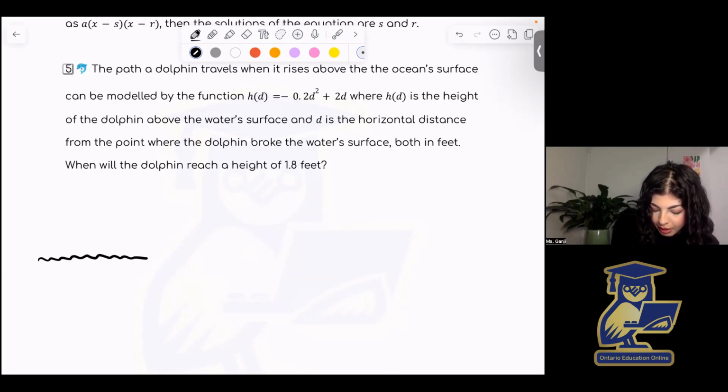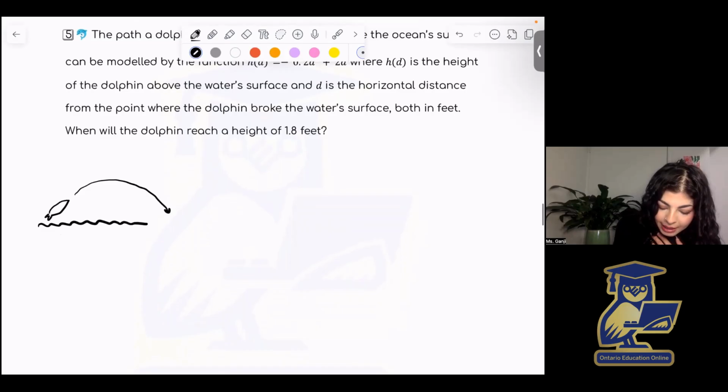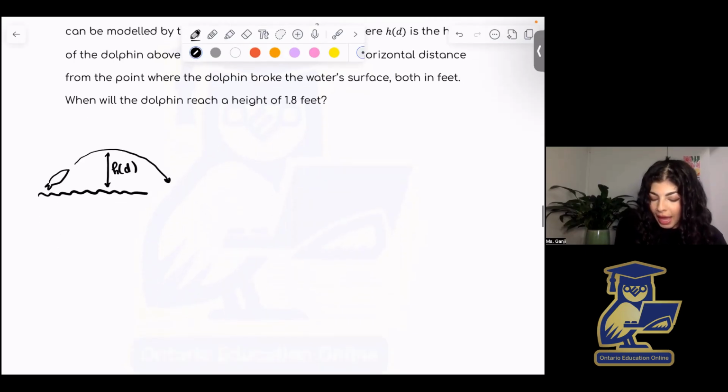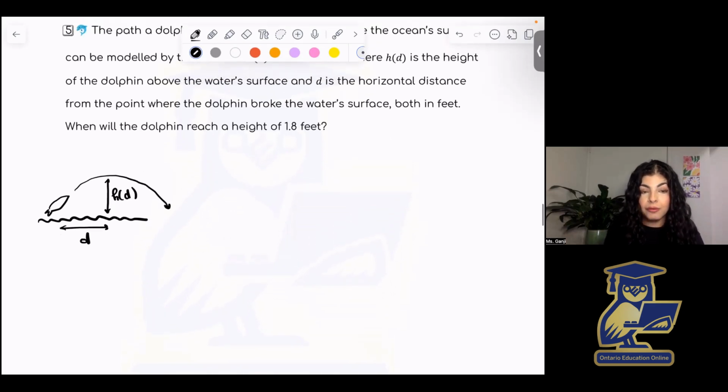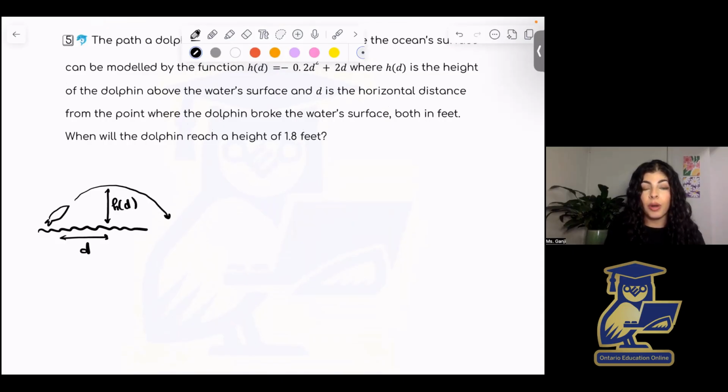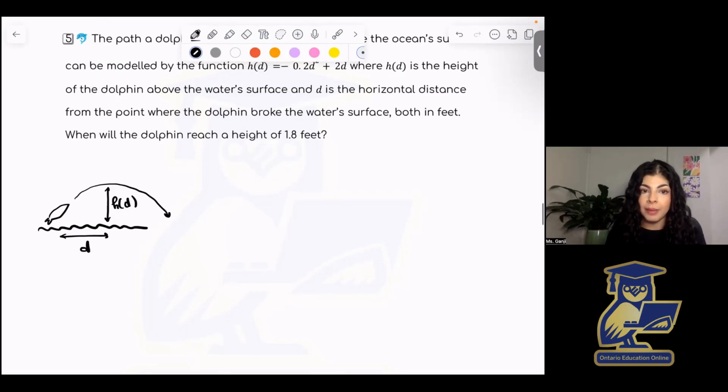And if my dolphin leaps out, pretend that's a dolphin, and it kind of follows this pathway, then this over here is h of d, the height above the water, and this distance here is d, the horizontal distance that the dolphin is traveling after it is above the water surface, because we don't necessarily care when the dolphin is inside the water, but as soon as it exits the water and it's leaping out, we want to know how much it's traveling by.